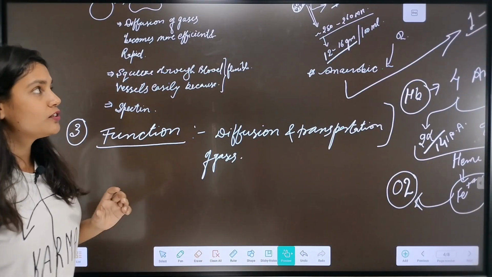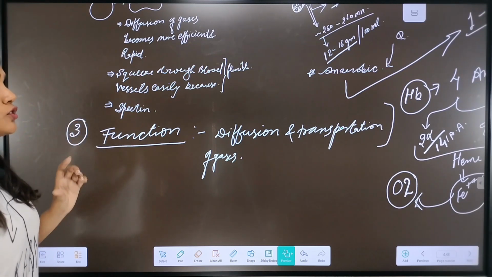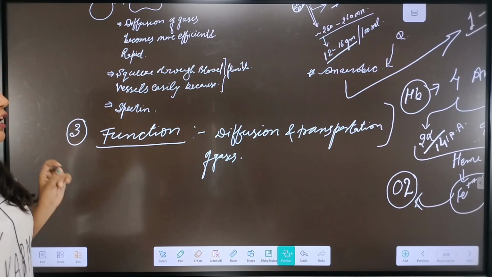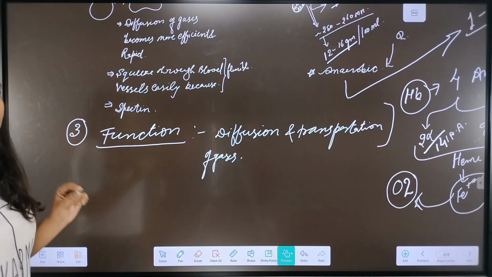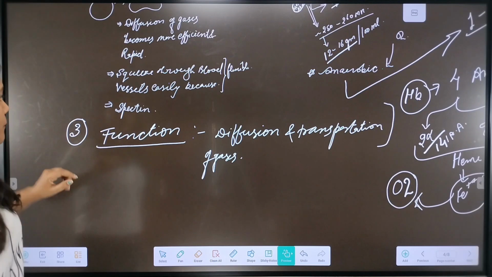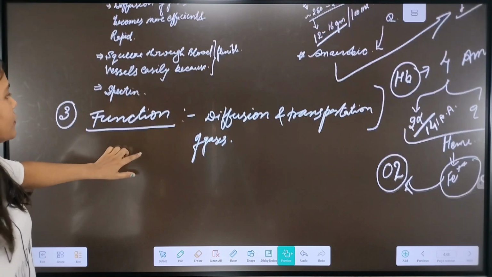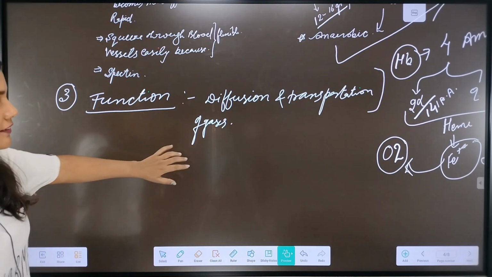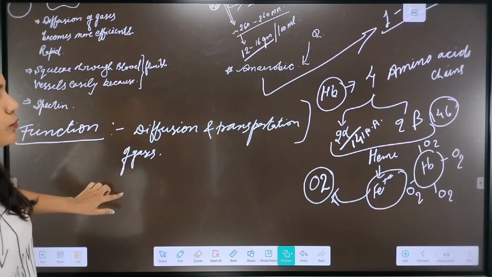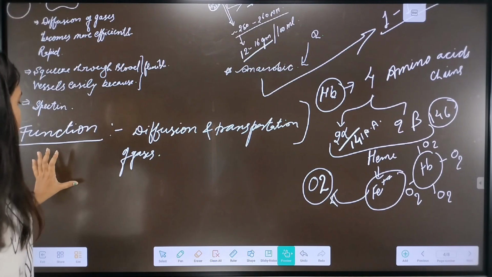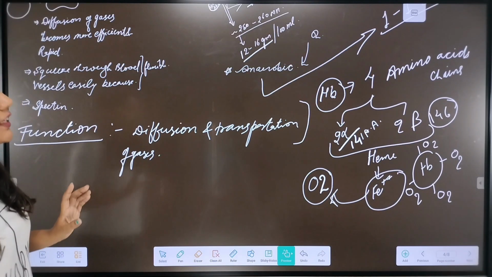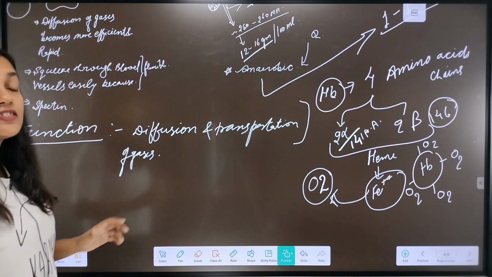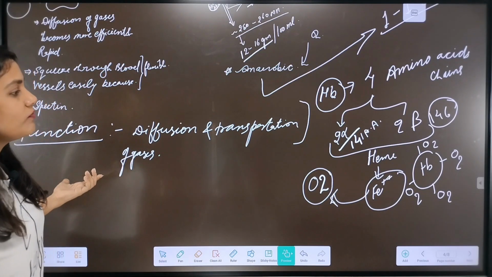Even a single RBC carries 250 to 260 million hemoglobin molecules, about 12 to 16 grams per 100 ml of blood. Functionally, their first and important function is the diffusion and transportation of gases, which is actually done by hemoglobin. There are 4 iron molecules in each hemoglobin, and there are 4 amino acid chains, 2 alpha and 2 beta.